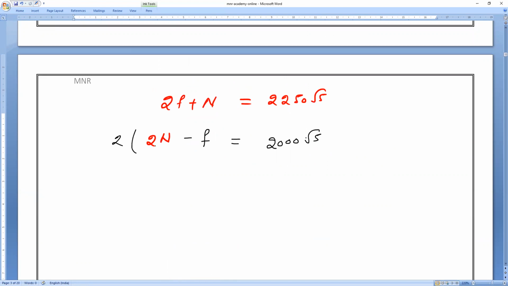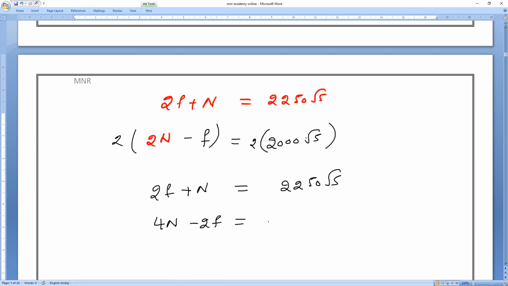Now I will multiply the second equation by 2. So the first equation is 2F plus N equal to 2250 root 5, and the second equation turns into 4N minus 2F, which is equal to 4000 root 5.